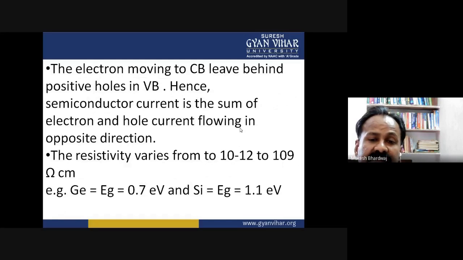The resistivity varies from 10^-2 to 10^9 ohm centimeter. Example: germanium has an energy gap of 0.7 electron volt, and silicon has 1.1 electron volt.